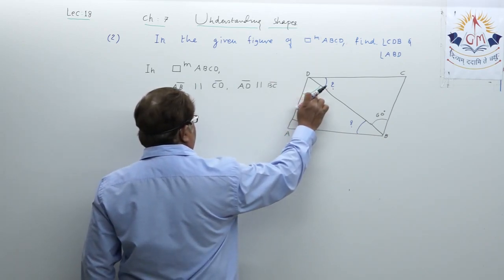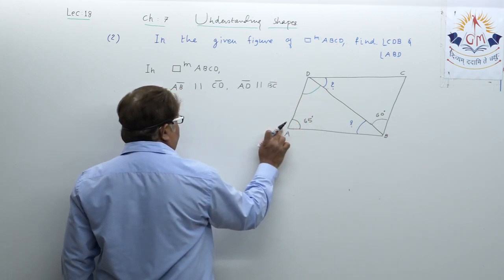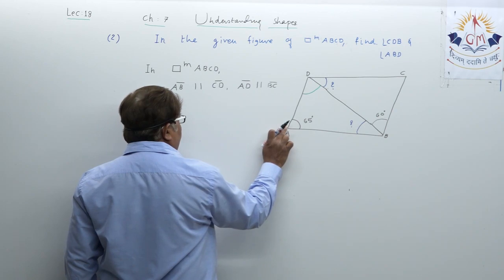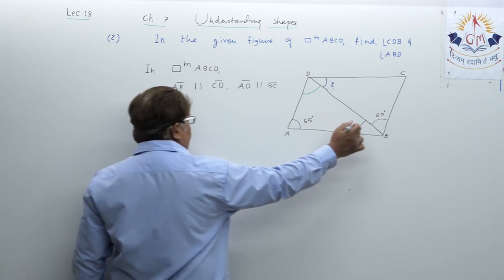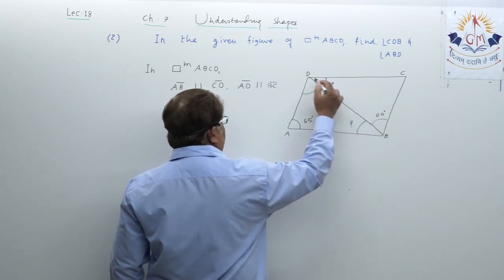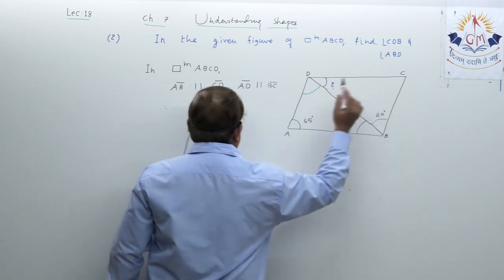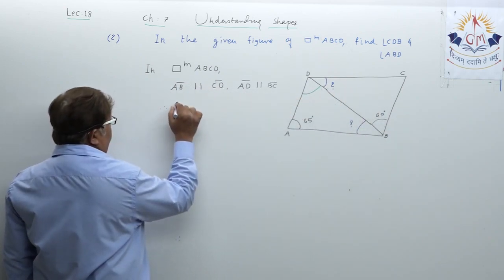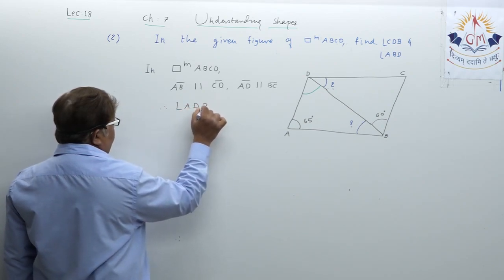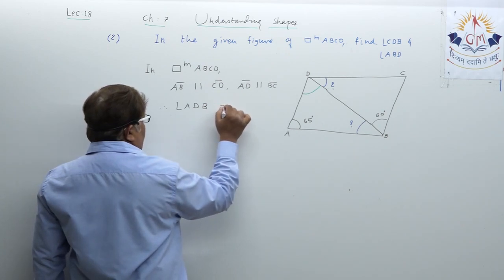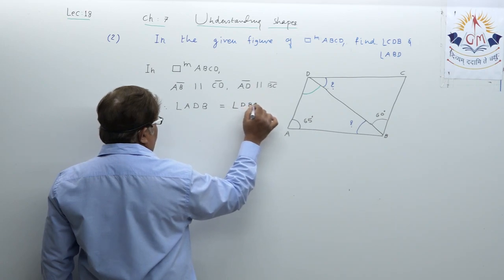Can you name this angle? If I start from here, angle ADB. Can you name this angle? Angle DBC. Let us write angle ADB equals angle DBC.